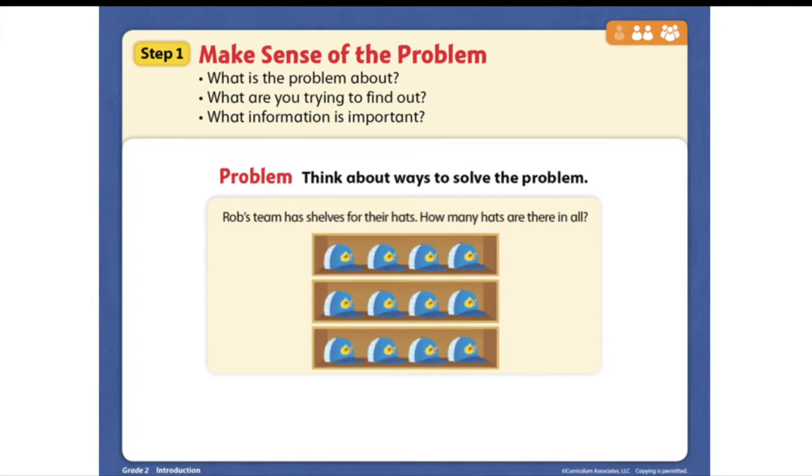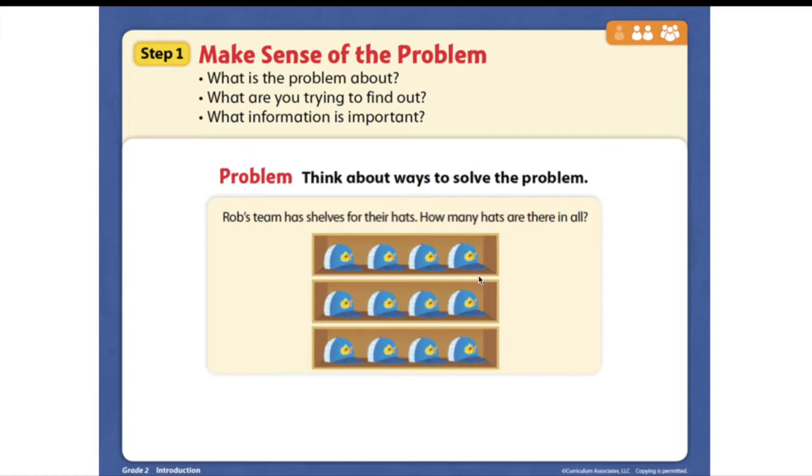So now we're going to do a quick array story problem. In this problem, Rob's team has shelves for their baseball hats. The question we're trying to figure out is how many hats are there in all? First, let's imagine it in our heads and make sense of what's going on. What's the problem about?